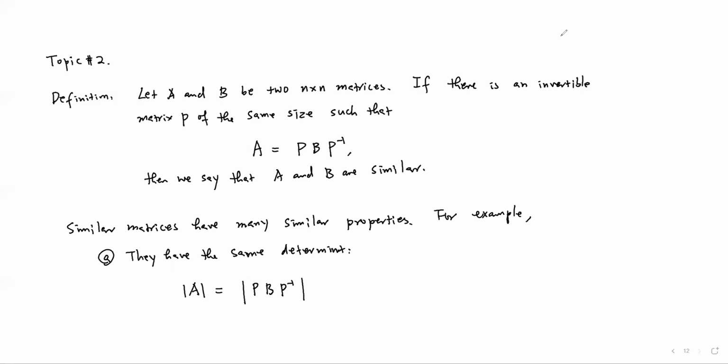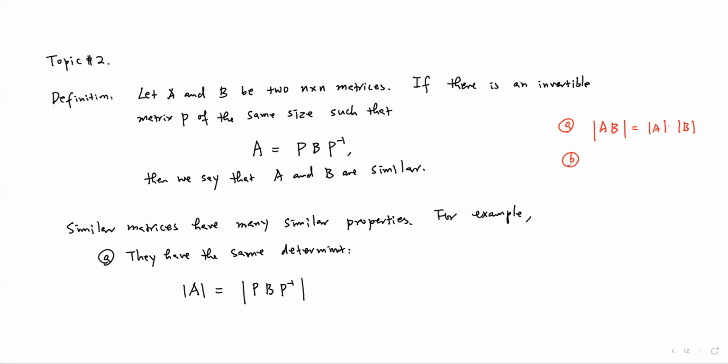Yeah, recall, I told you two basic properties about determinant. Do you remember that? A matrix times a second matrix, determinant is equal to A determinant times B determinant. This number is equal to this number times this number.